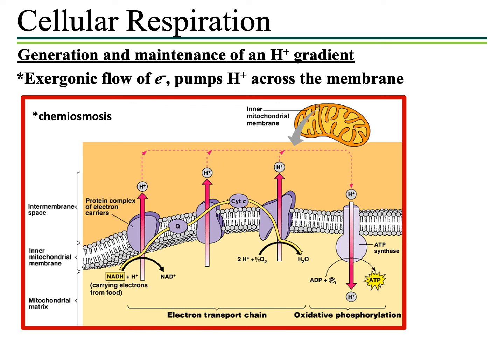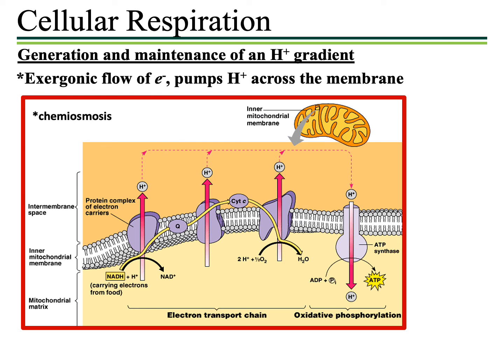Because of that transfer of electrons, which has a great deal of energy associated with it, what happens simultaneously is the passing of a hydrogen ion or a proton from the matrix into the inner membrane space.